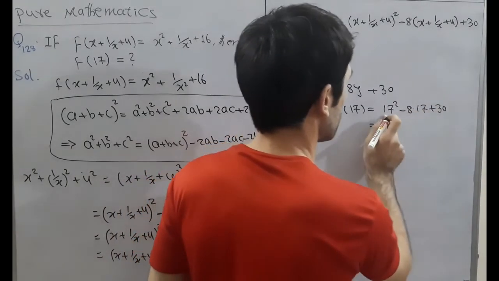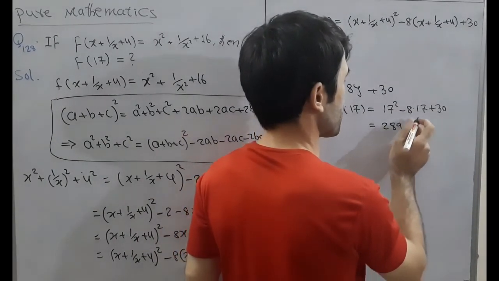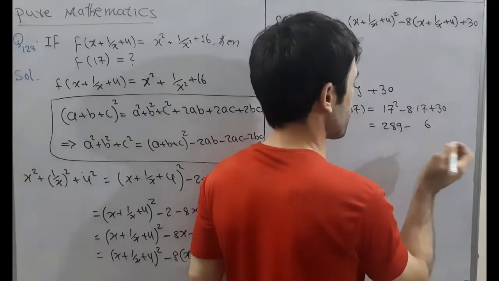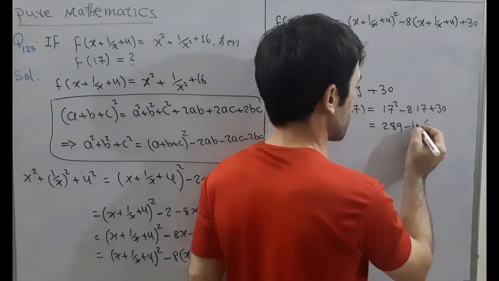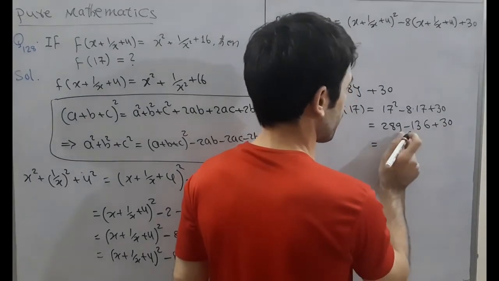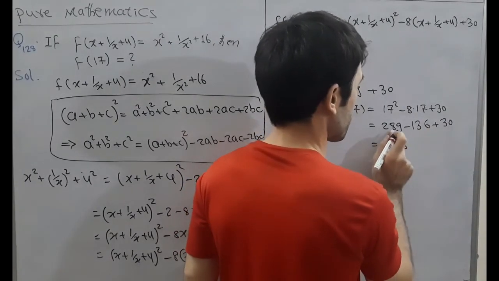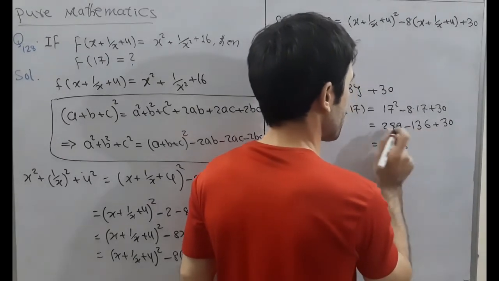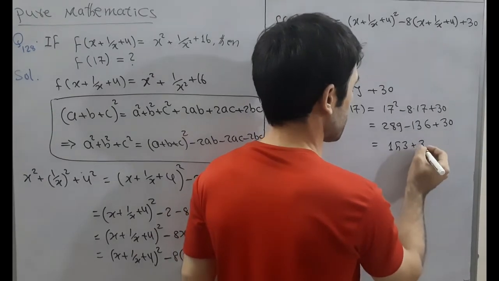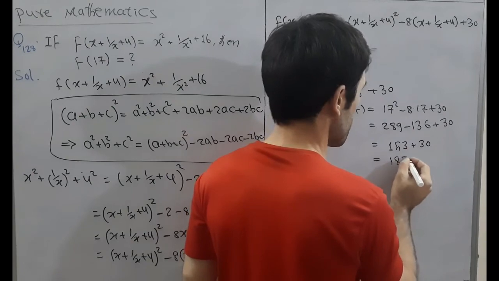It is equal to 17 square, 289, minus 8 multiplied by 17, 136, which gives 153, plus 30. We add these two numbers, we get 183.